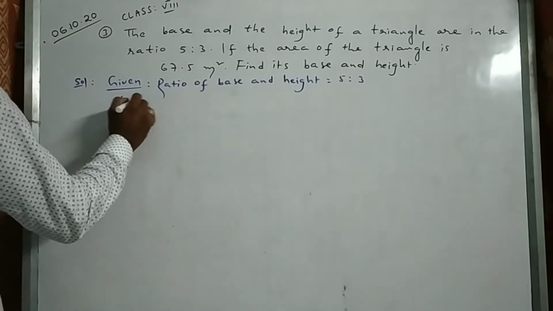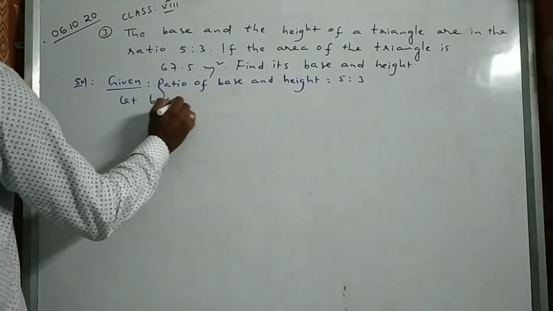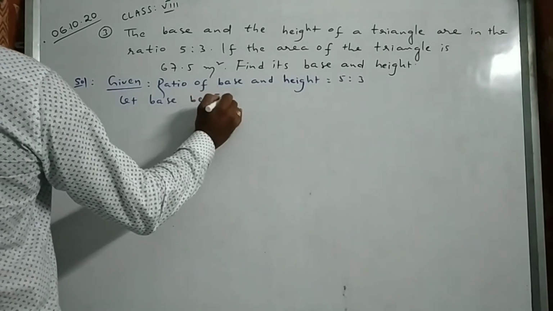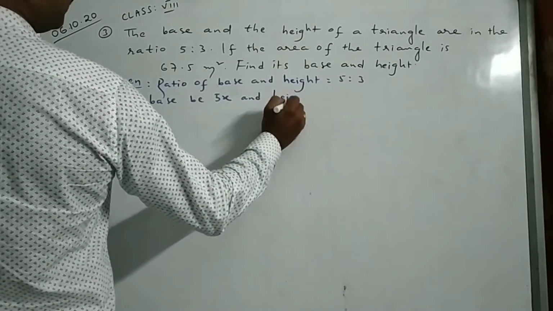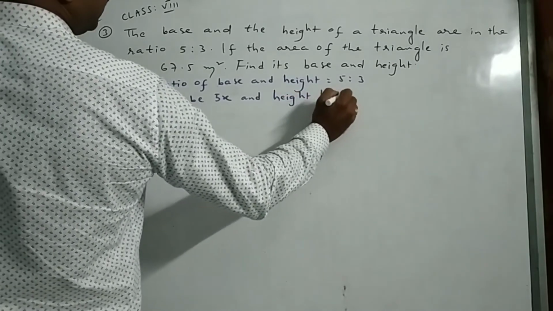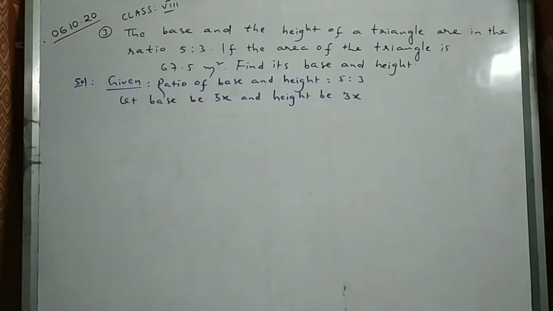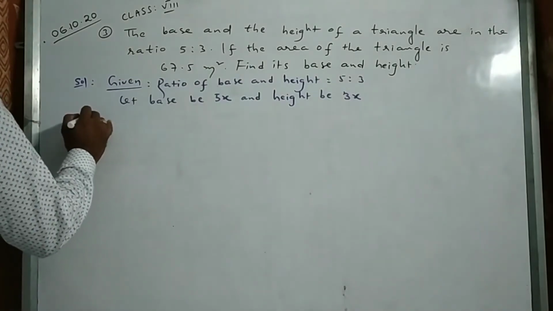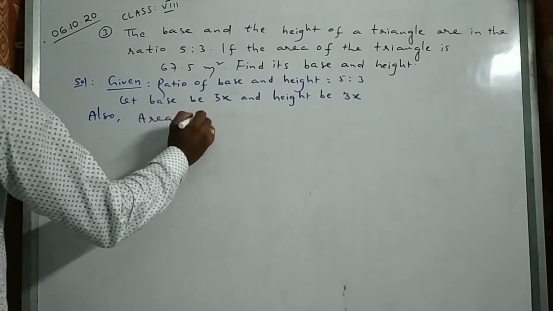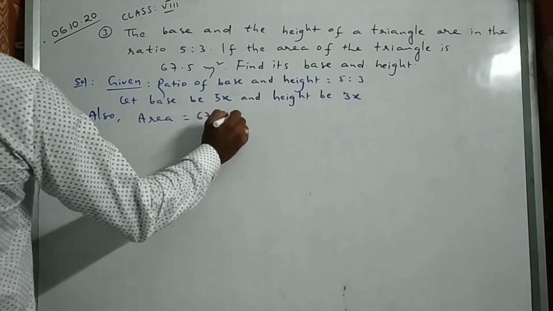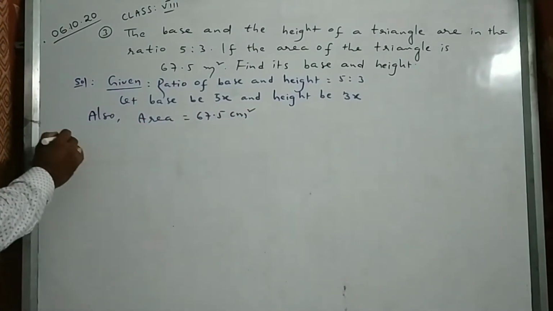Let base be 5x and height be 3x. Whenever we are given the ratio, you can take like that. Also we are given area, right? Also area is 67.5 square cm.